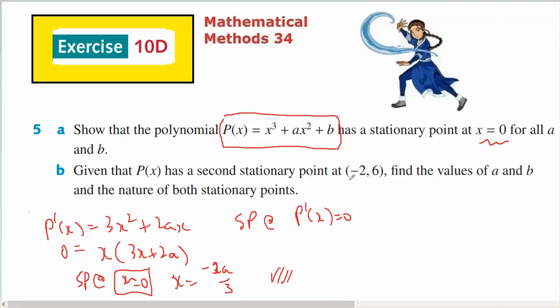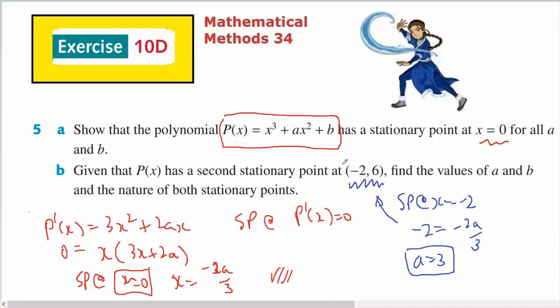Okay, part B then asks you, if the second stationary point is here, find the values of a and b and the nature of the stationary points. Well, I also know that there's a stationary point at x equals -2, which means -2 must equal minus 2a on 3, therefore a equals 3.